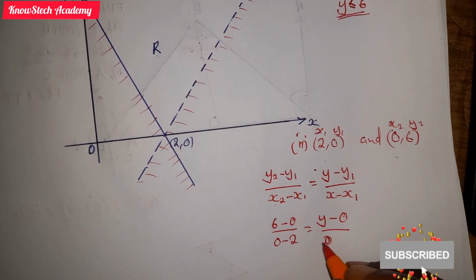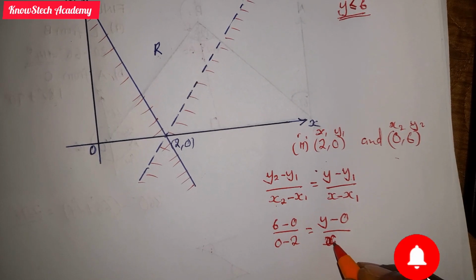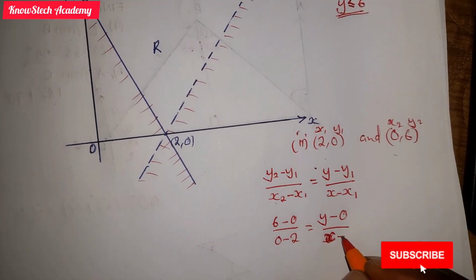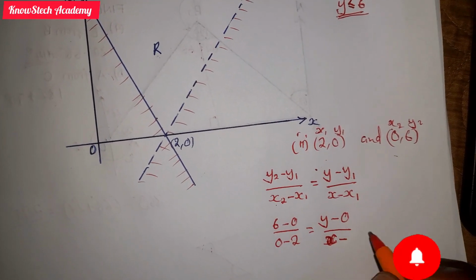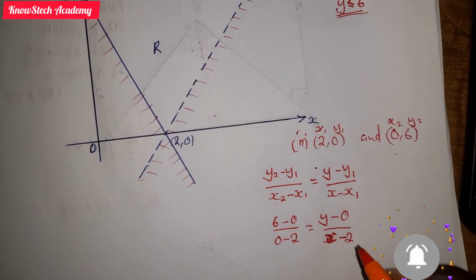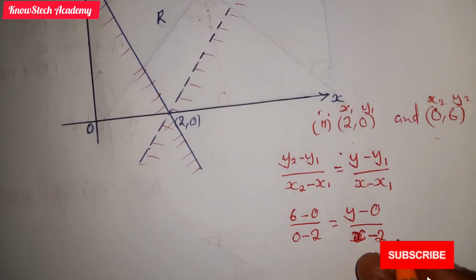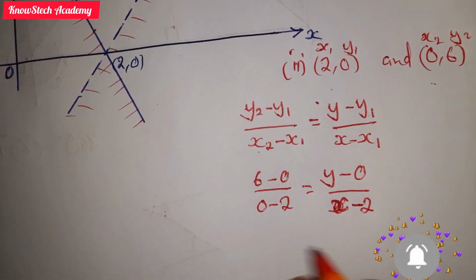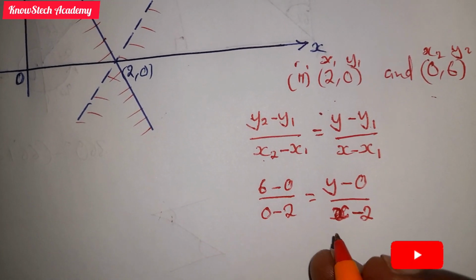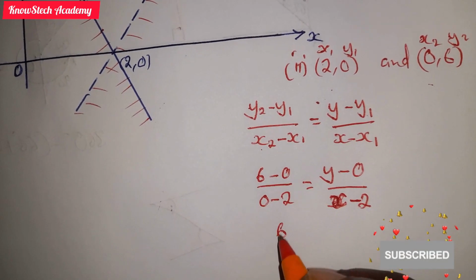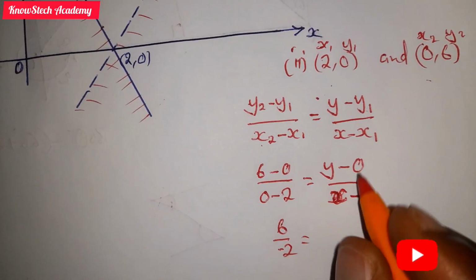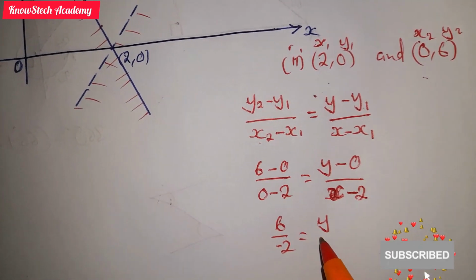I mean x is just x here, don't make the mistake of substituting with these two values here, minus x1 which is 2. Then we simplify. 6 minus 0 is 6. 0 minus 2 is negative 2, is equal to y minus 0, which is just y.